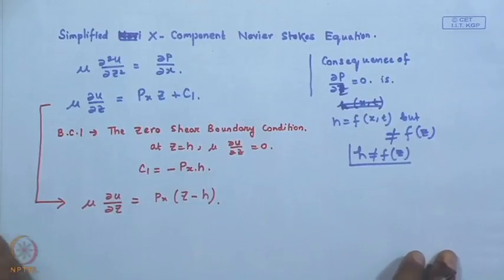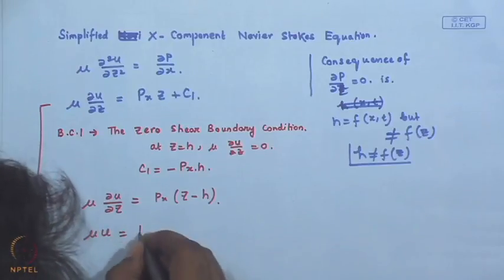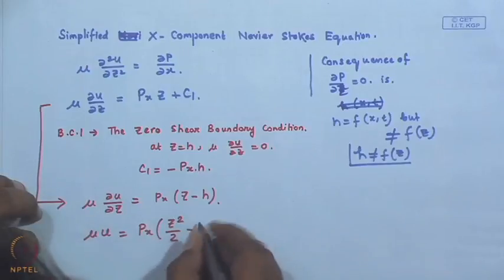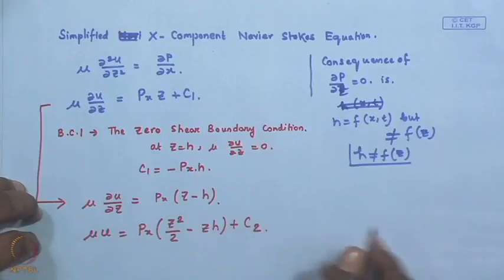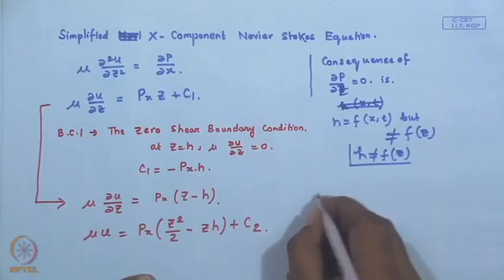You integrate it further, we get mu into u is equal to p x into z square by 2 minus z h plus c 2. At this point, we invoke the no slip boundary condition.